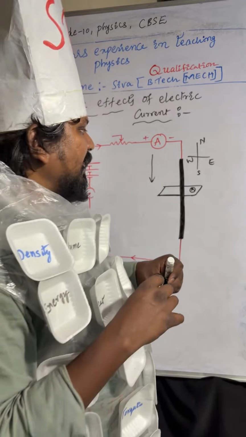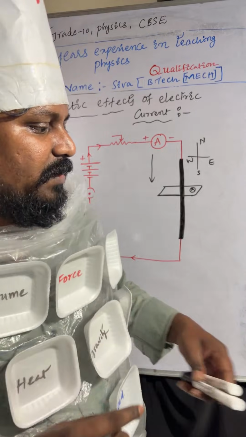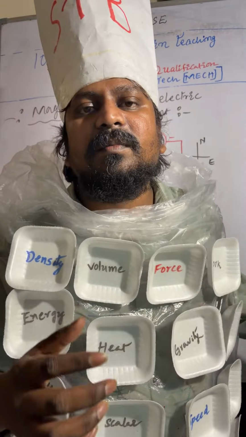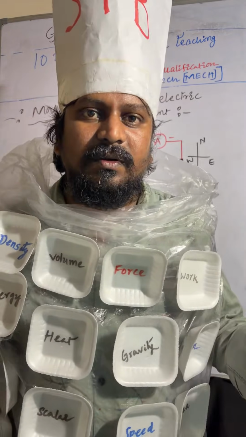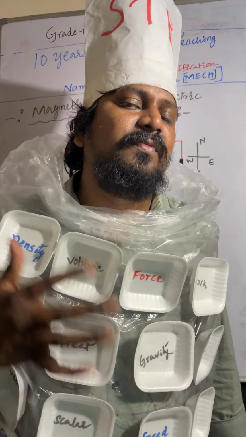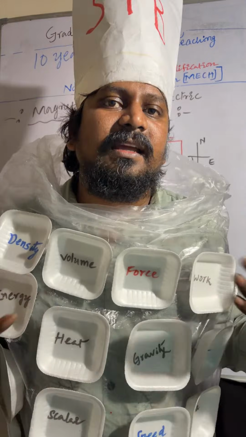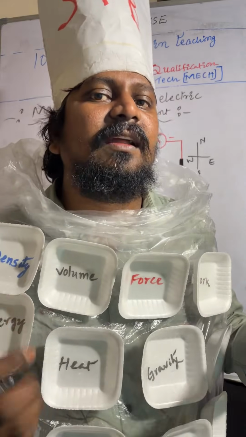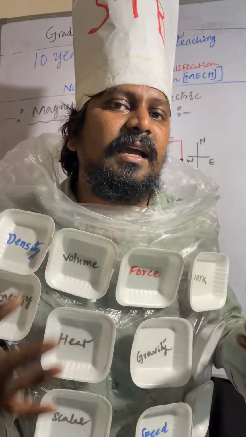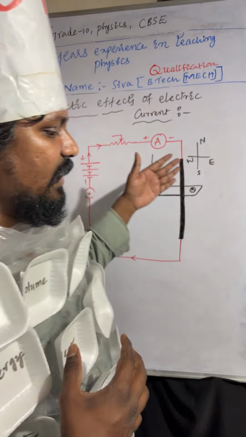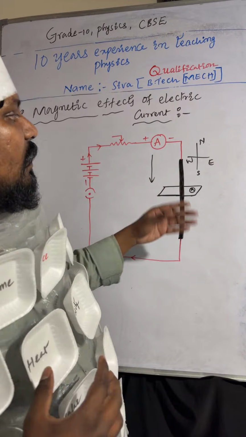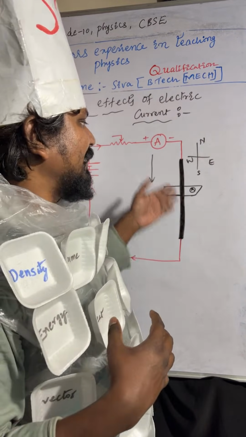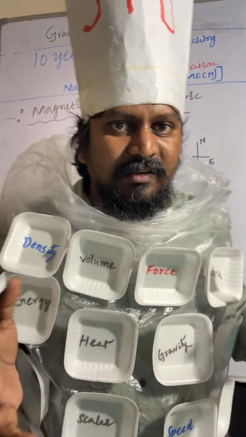By using the right hand thumb rule, we can identify the magnetic field around the current carrying conductor. Here the current is passing from north to south. Around the straight conductor, a magnetic field will be created.